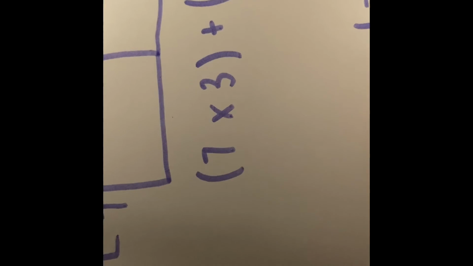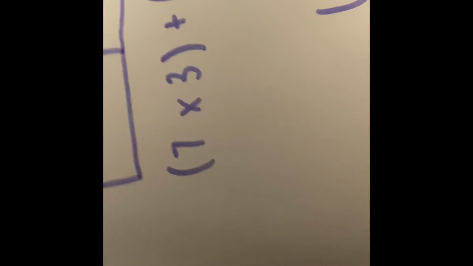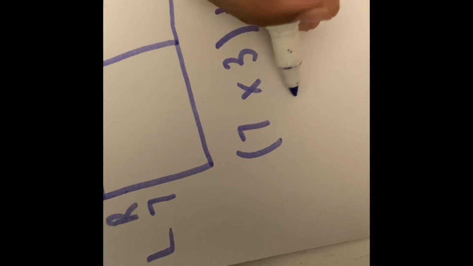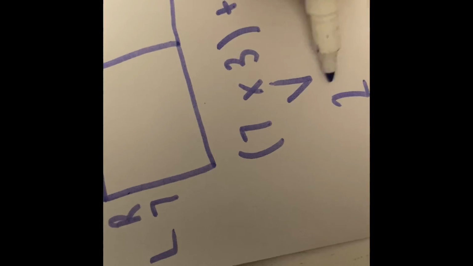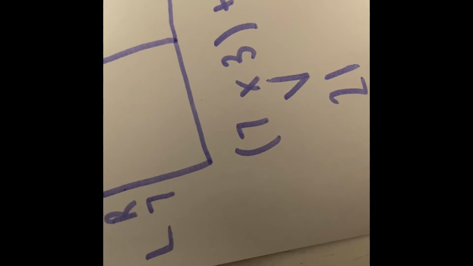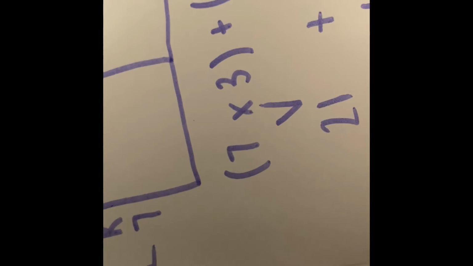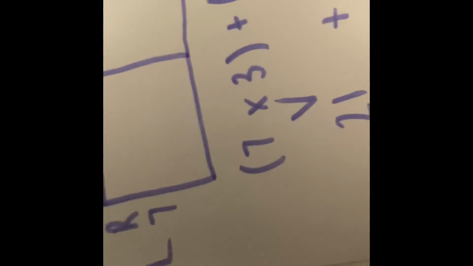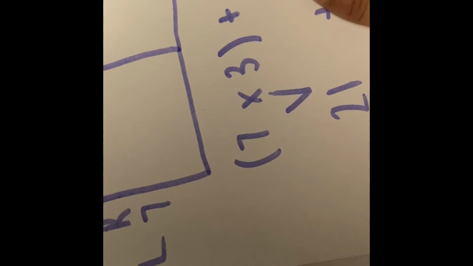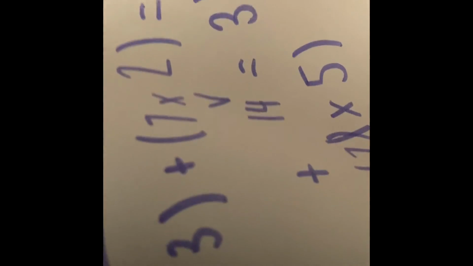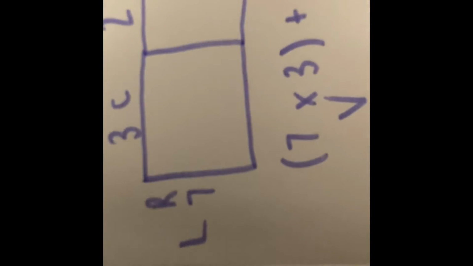Ignore this parenthesis. This is what the equation is representing. You can see, use the partial products with arrays.